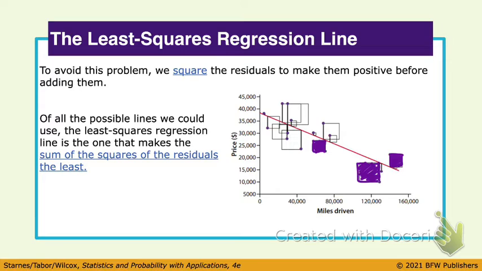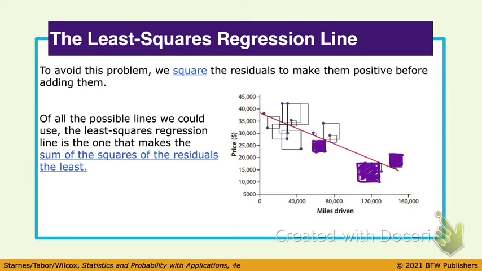And what our calculator does is add up all those areas, which now will not cancel each other out because I've taken out the negatives by squaring all of these residuals. My goal is to make the sum of the squares of those residuals the least possible number that I can.